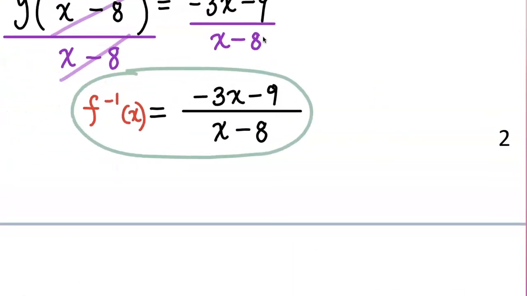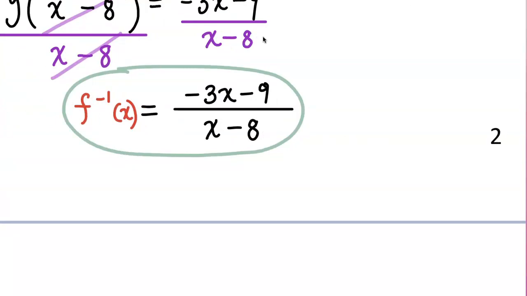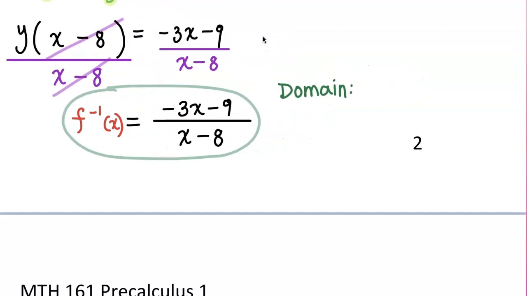Domain is easy. Domain of this inverse function is super easy. Remember, domain of a rational function is all real numbers except for the number that makes the bottom of the fraction 0, right?